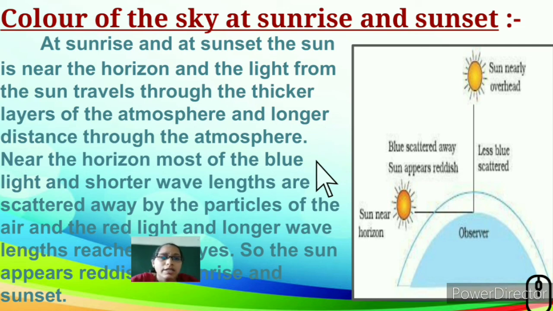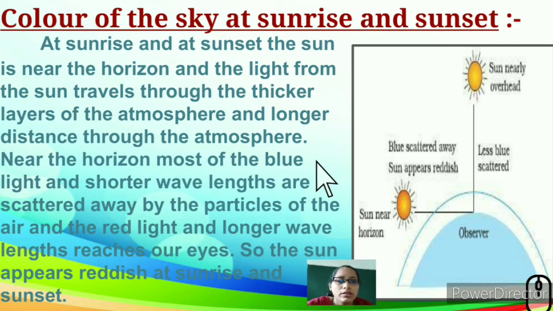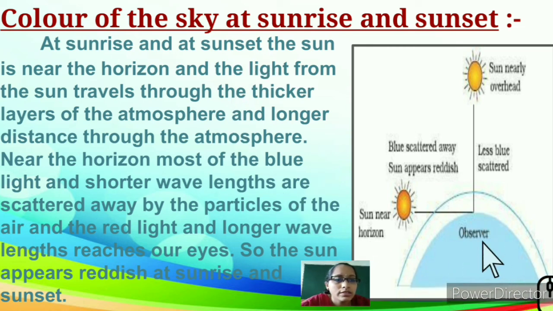So let's understand the color of the sky at sunrise and sunset. You are the observer here. With the sun near the horizon, blue is scattered away and the sun appears reddish.